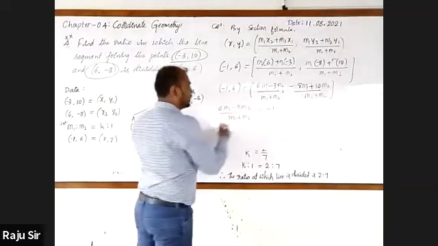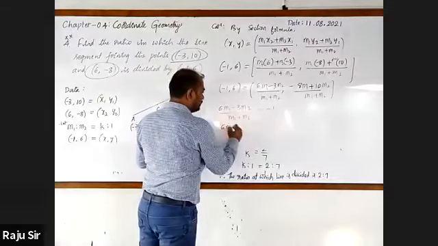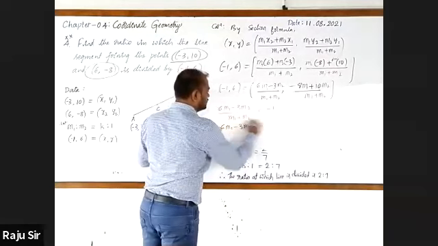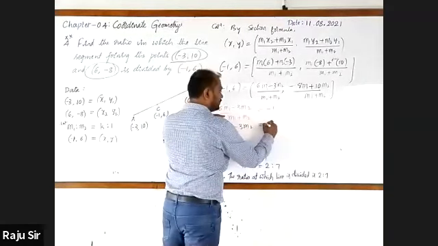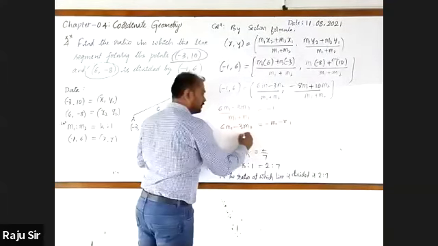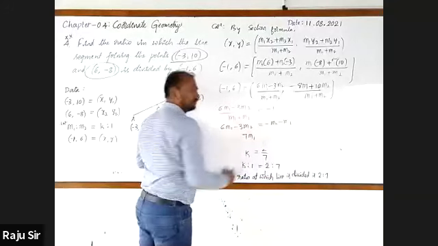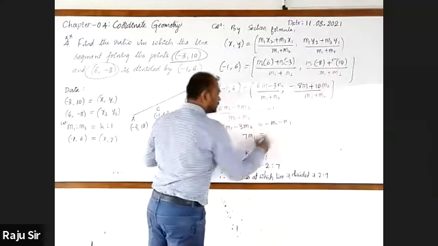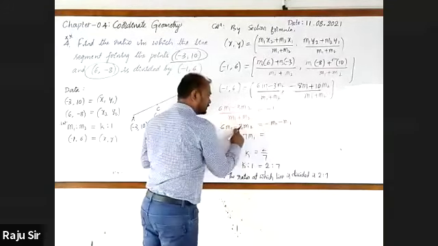Then cross multiply, 6m1 minus 3m2 as it is. Minus m1 minus m2. 7m1 is equal to 2m2.